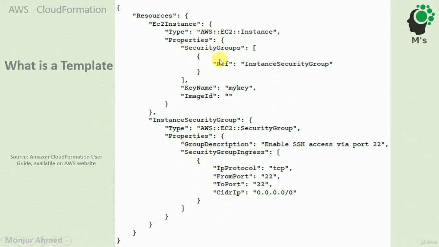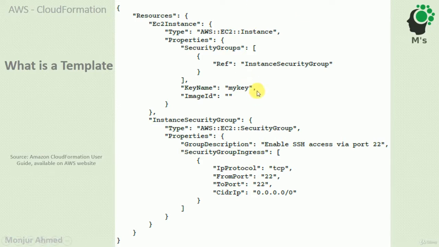The moment we refer here, this reference looks for the security group with the same name and understands that we are referring to this one. The reason we can write like this is, let's say you have a very big template file with 500 lines of code. When you master templates, you'll see that they can be really big and long.